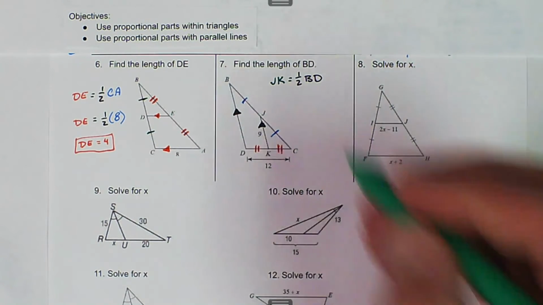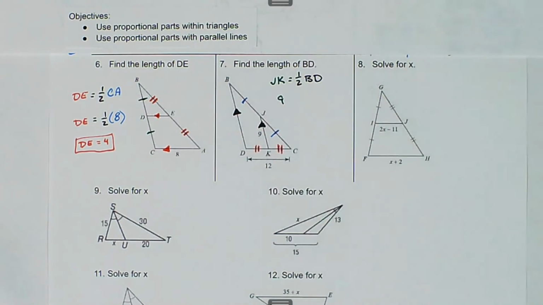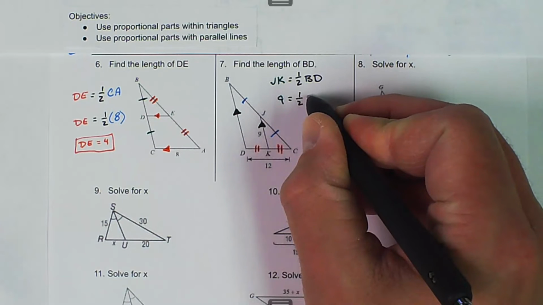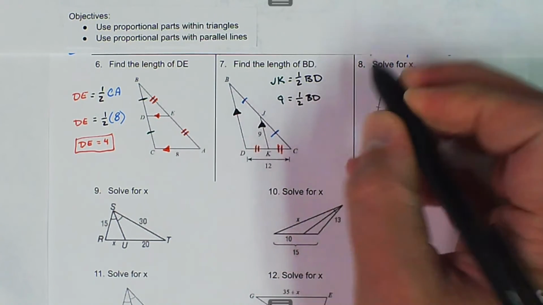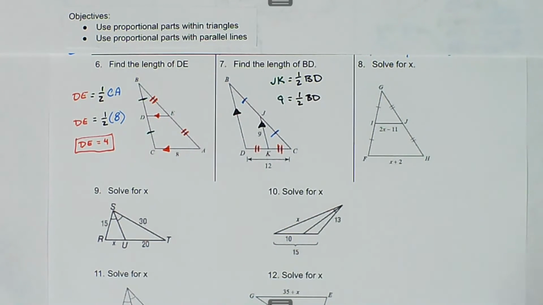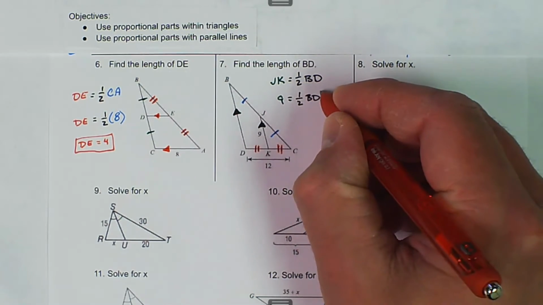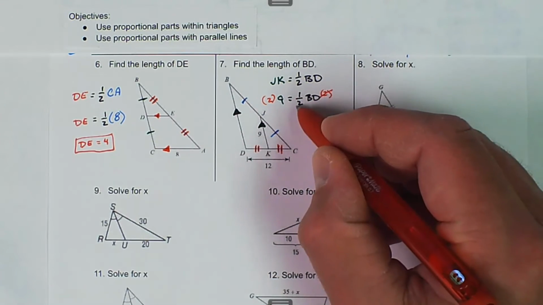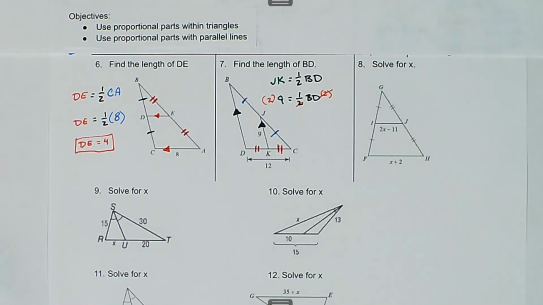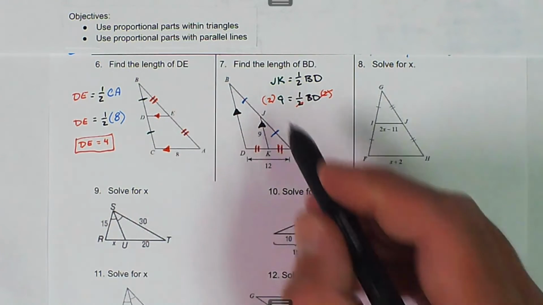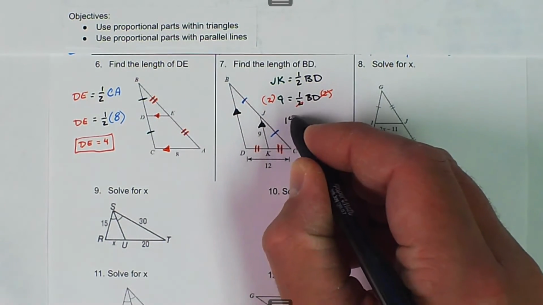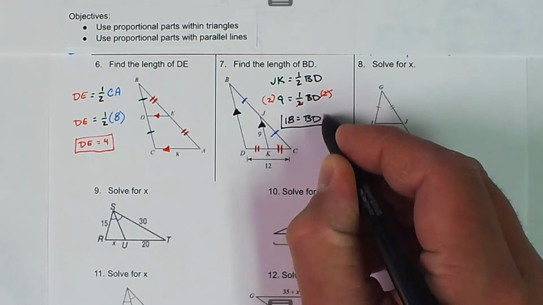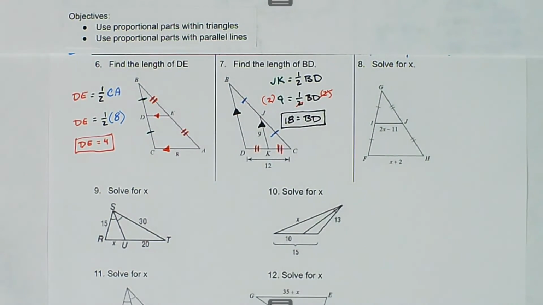Well, we know what JK is, so we can substitute in 9, and that is equal to 1/2 of BD. And we want to solve for BD. So what we can do is multiply both sides by 2. The reason is this 2 cancels this 2, and we're left with just BD on the left side. And 2 times 9 is 18. The length of BD is equal to 18.